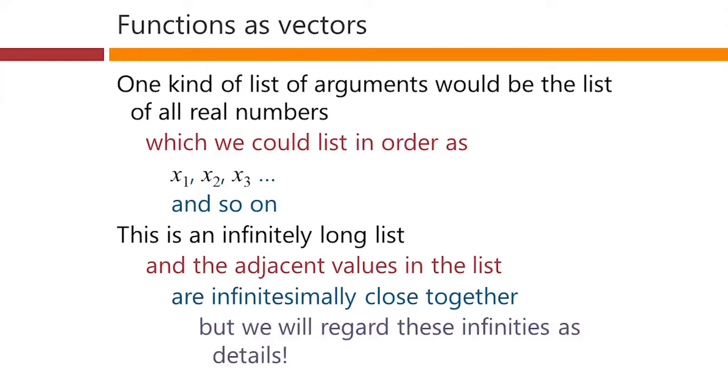But we're going to regard these infinities as details, and in the mathematics we're going to set up, we're basically going to presume that we can choose a sufficiently close set of arguments for our function to get a sufficiently good answer. So we will end up working with some large but finite number of very closely spaced elements as the arguments. At least that's the way we will think about it.